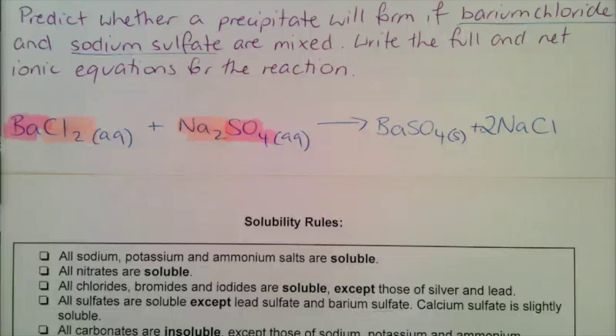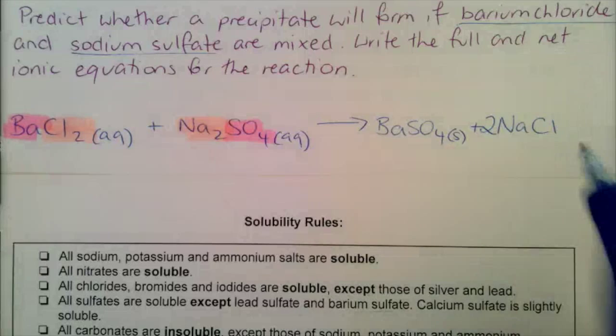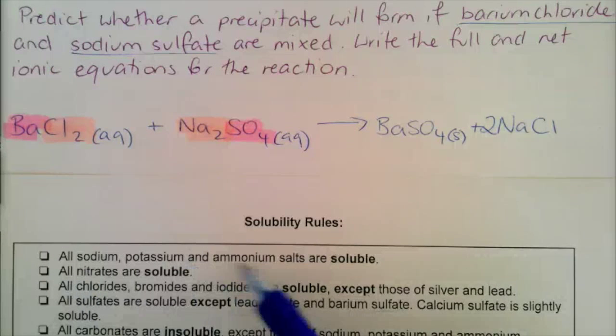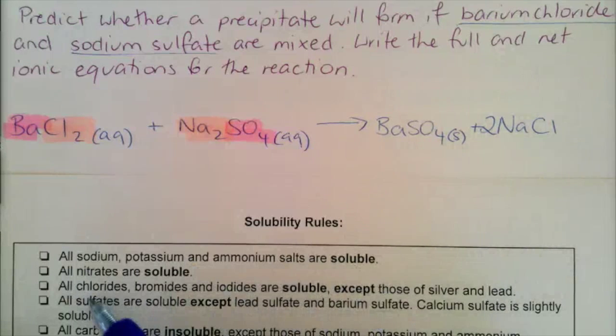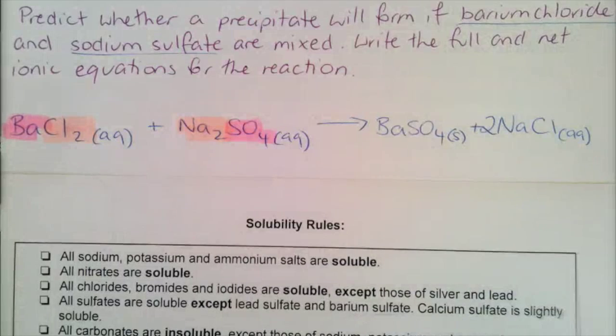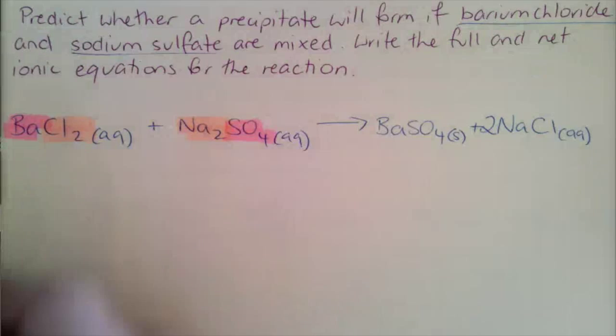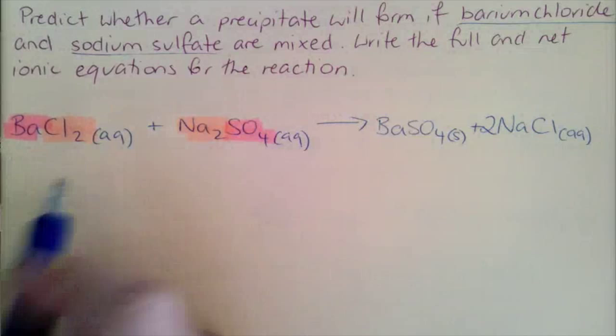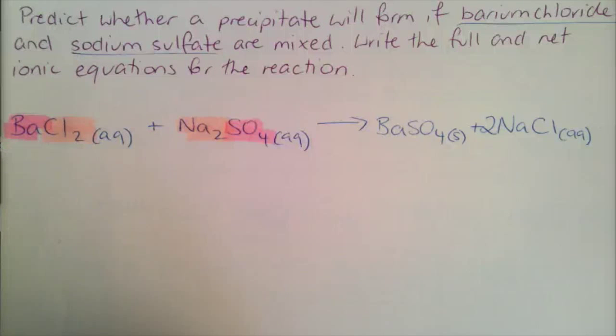It's insoluble. The other one, we've got sodium chloride. All sodium, potassium, and ammonium salts are soluble, and all chlorides are soluble. So we've got a sodium chloride, it is definitely soluble, it is aqueous in solution. So that there is our full balanced ionic equation for this reaction.